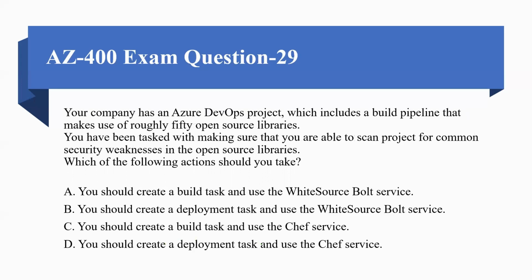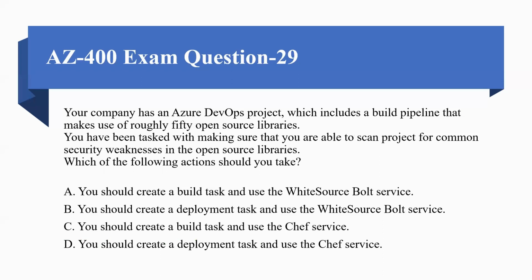Moving towards the next question. Your company has an Azure DevOps project, which includes a build pipeline that makes use of roughly 50 open source libraries. You have been tasked with making sure that you are able to scan projects for common security weaknesses in the open source libraries. Which of the following actions should you take?